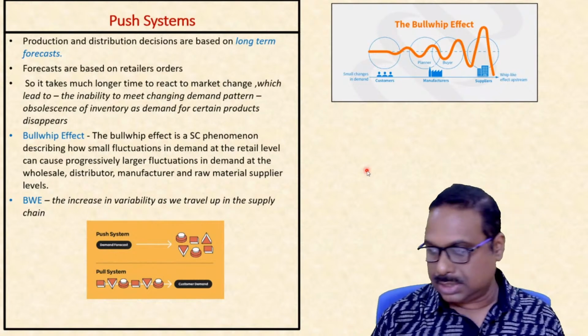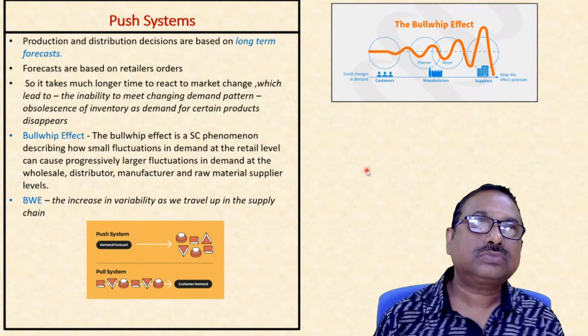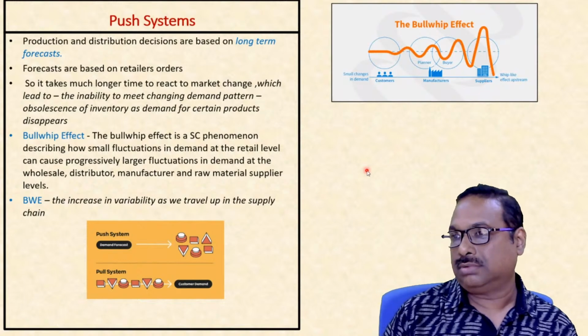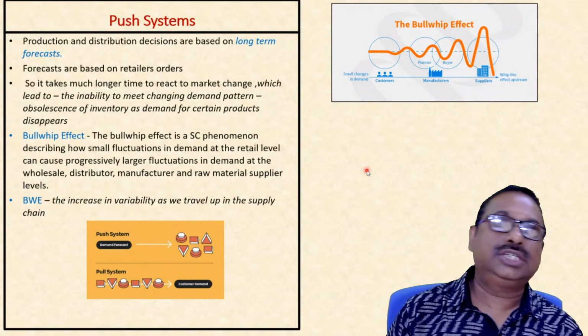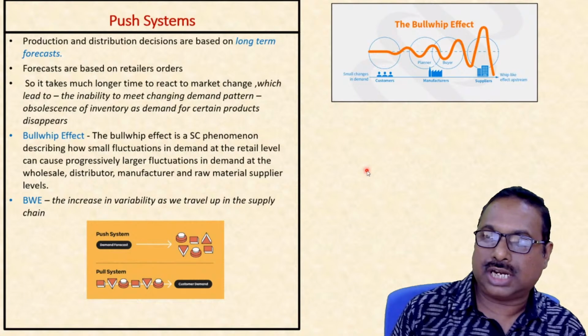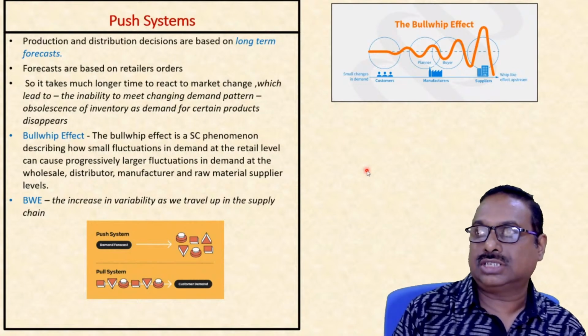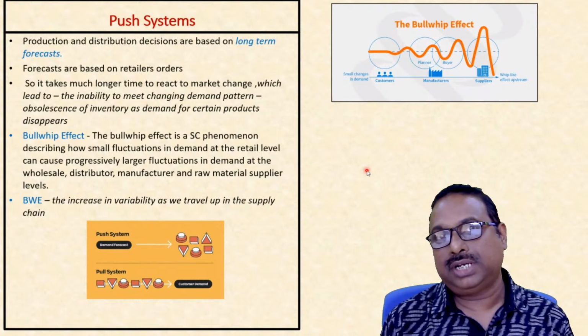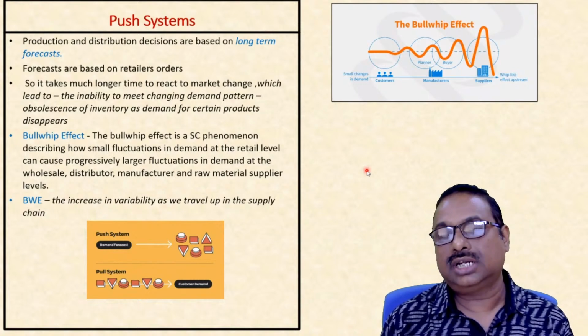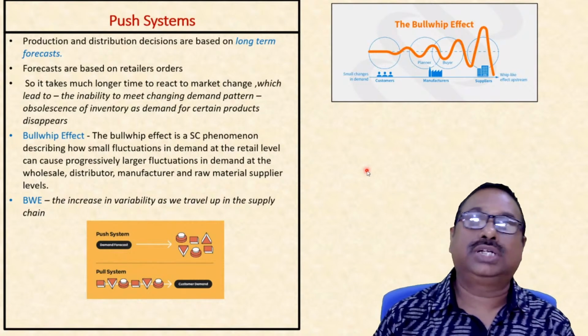Procter & Gamble was manufacturing baby diapers. What they observed is that the birth rate of babies is almost constant in any country. So if the birth rate is constant, then the use of baby diapers is also constant in a year. But they saw that it was fluctuating.